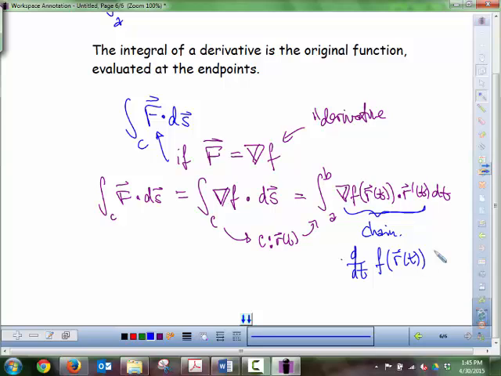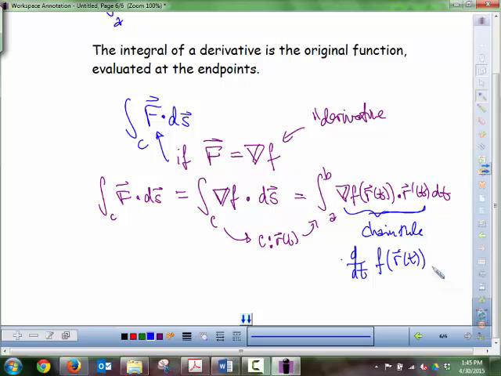Right? So this is really just a chain rule where we had taken the derivative of this composite function. Does that make sense? I would invite you to look back at our notes from the chain rule, and you'll see what this is equal to. It's equal to this.